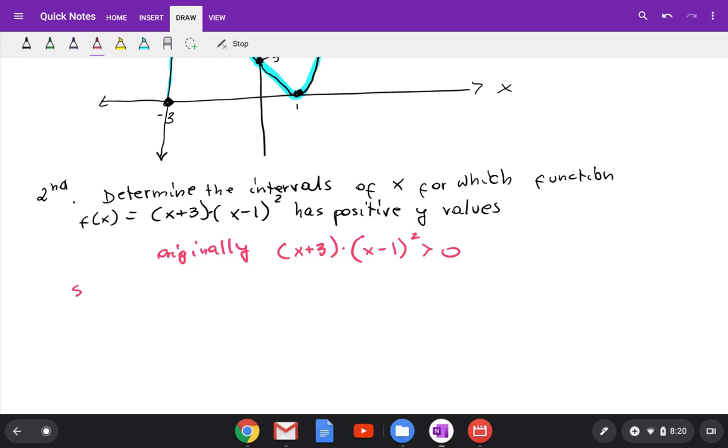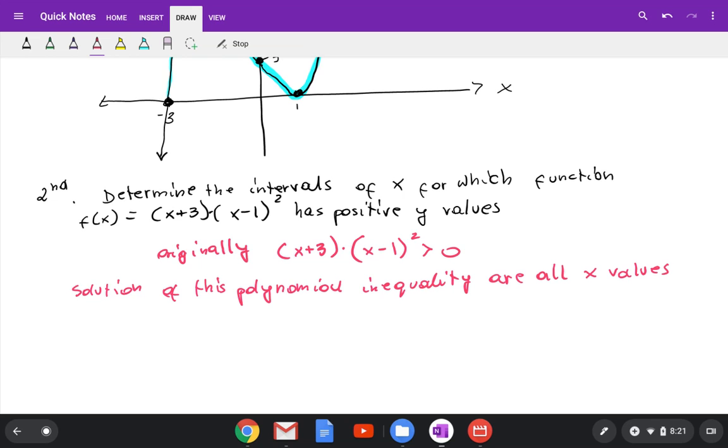And the solution of this polynomial inequality are all x values. Because don't forget that you solve that inequality in terms of x, so all x values from intervals.